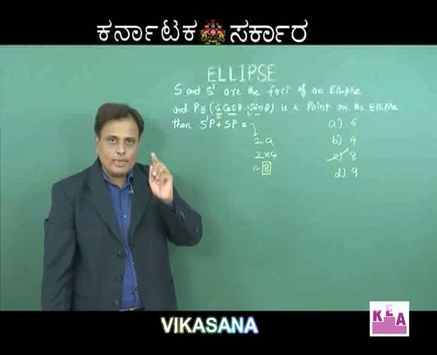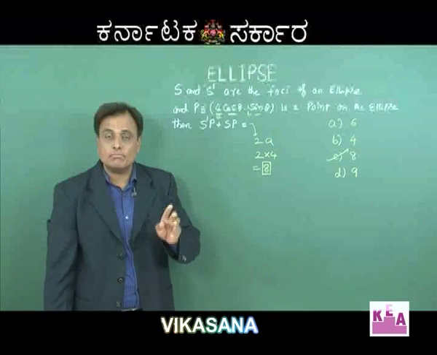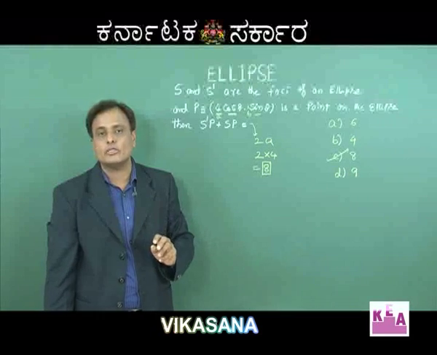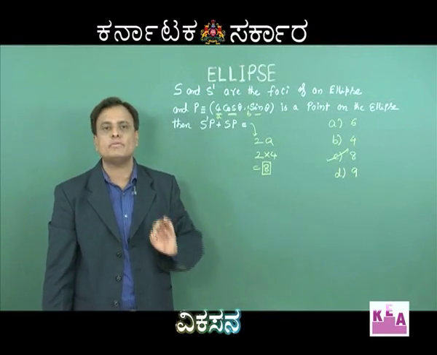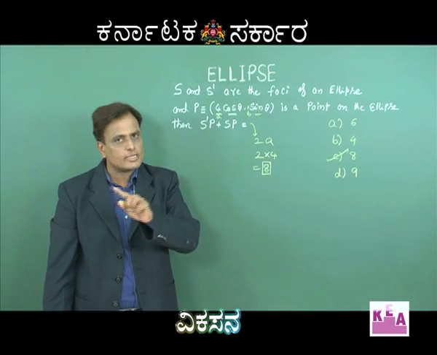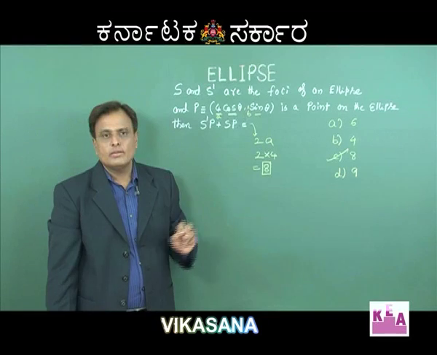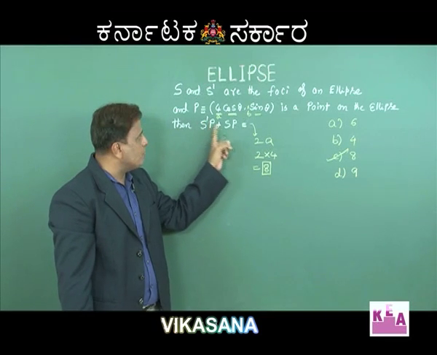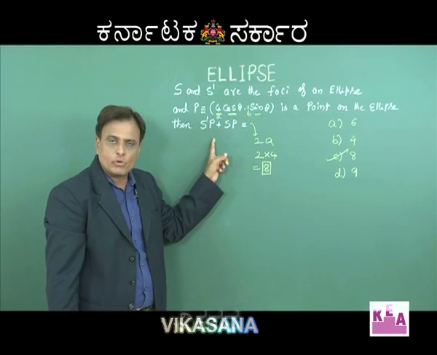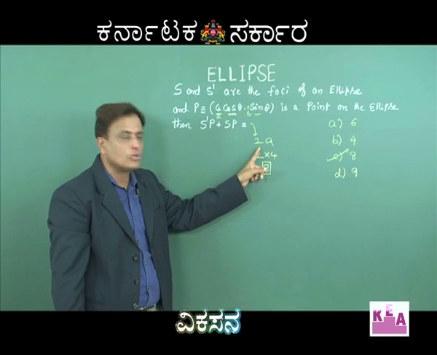Second, for any point on the ellipse, the sum of the focal distances is always equal to the length of the major axis. As you know, the length of major axis is 2a. That means S dash P plus SP is nothing but the sum of the focal distances, which is equal to 2a.